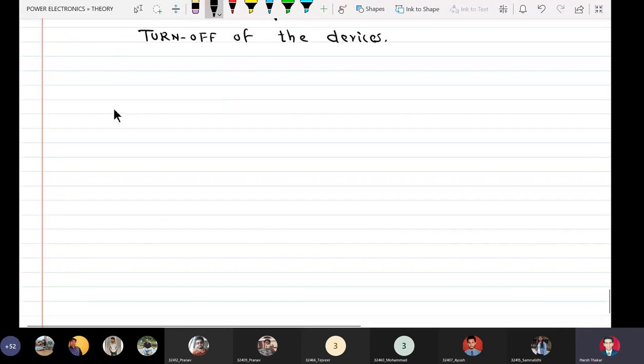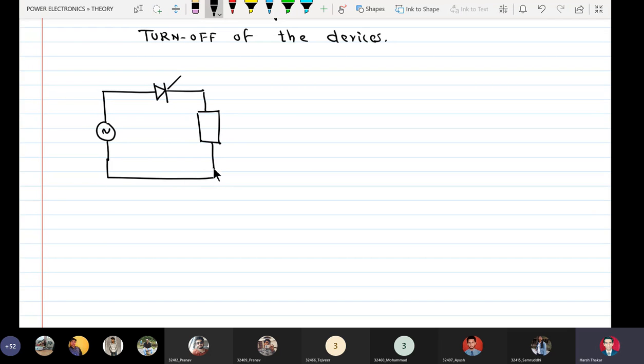And in a system like this, where is the SCR? Line, neutral.